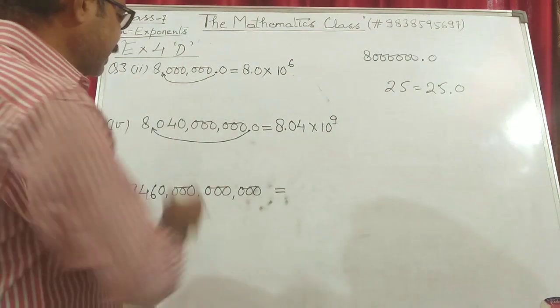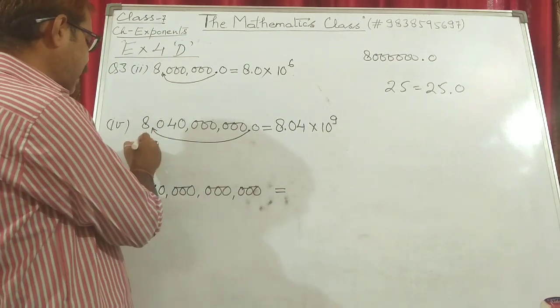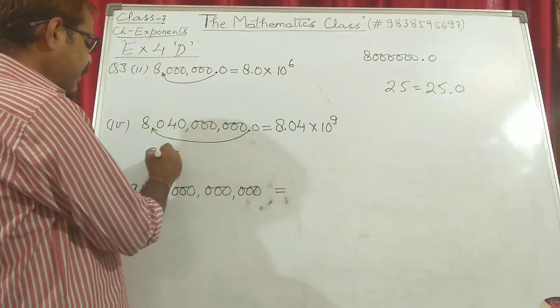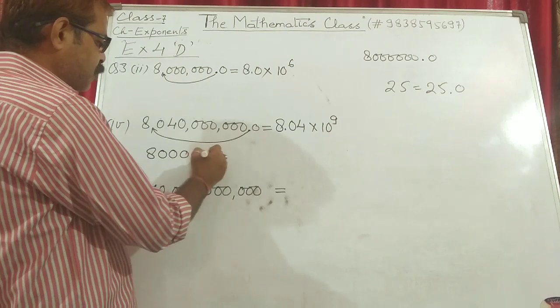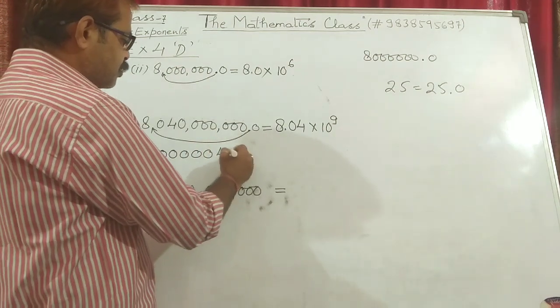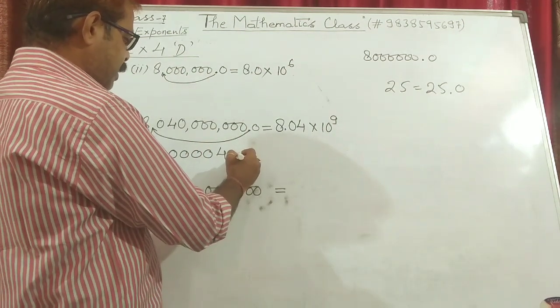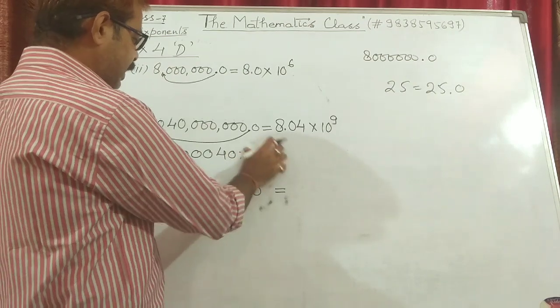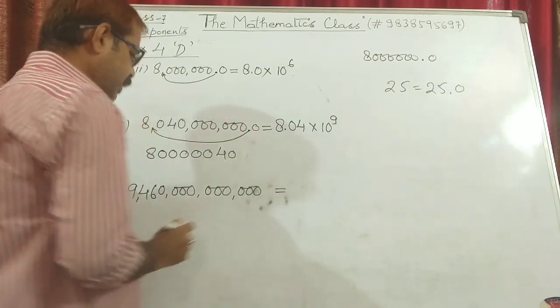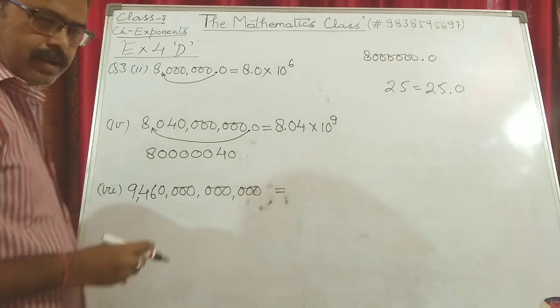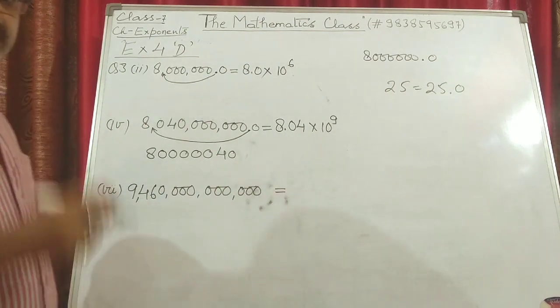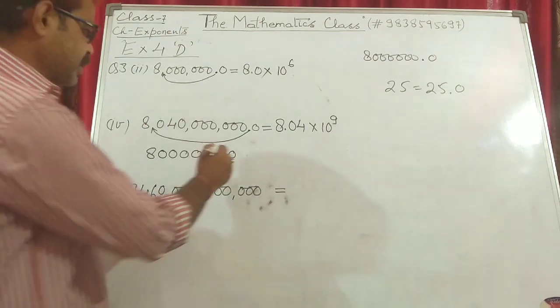But if there is any non-zero digit in between, suppose this question would have been 8000040, okay, that is it. Generally when we write a decimal number, we write up to 2 decimal digits.